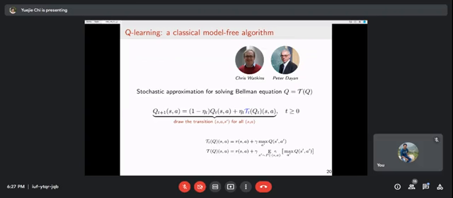So you can see Q-learning is a very simple, intuitive algorithm and has been very popular, the workhorse of reinforcement learning over the years.